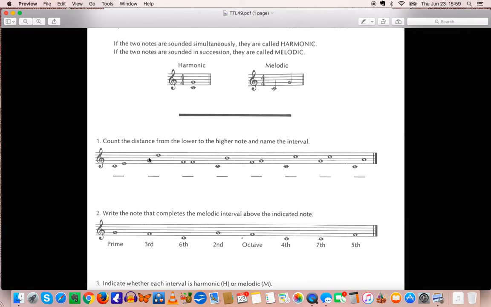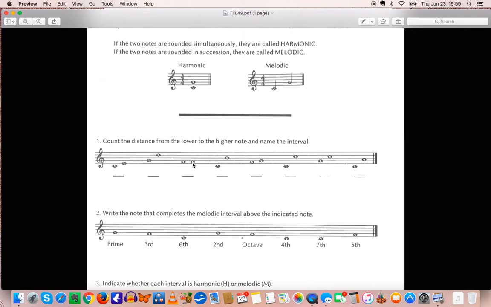Now from G to D, we have G, A, B, C, D. 1, 2, 3, 4, 5. So we have a fifth here, and this is a melodic interval of a fifth. So you write a fifth right there.